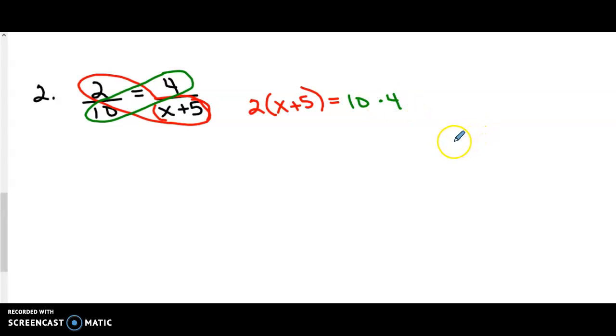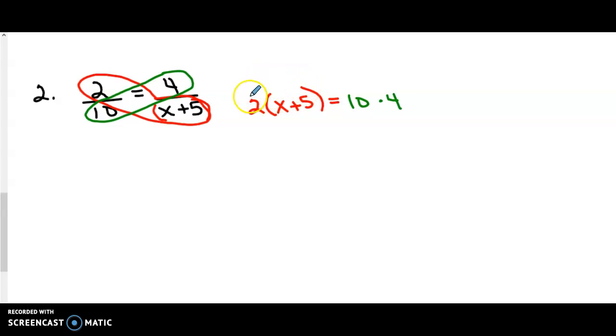Okay. So we've cross multiplied. Now step 2 says that we have to distribute. So remember, when you have a number that's outside of parentheses, you have to distribute or say hello to each term inside of the parentheses.